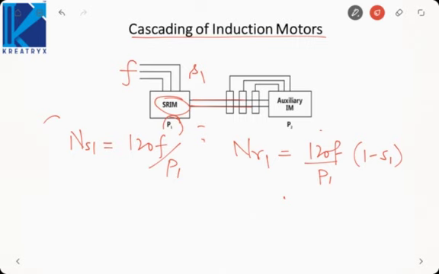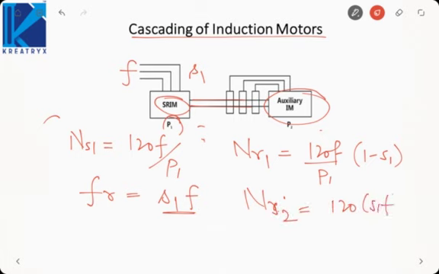Now, since we are supplying the auxiliary induction motor at the slip rings, the rotor frequency, or the slip ring frequency, will be S1 into F. So the synchronous speed for machine 2 will be 120 into S1F by P2, as it has P2 number of poles.